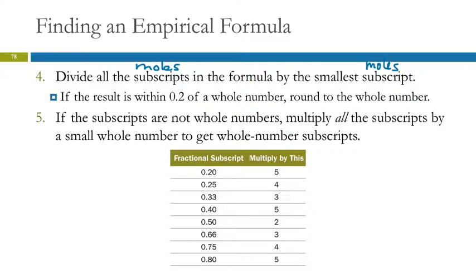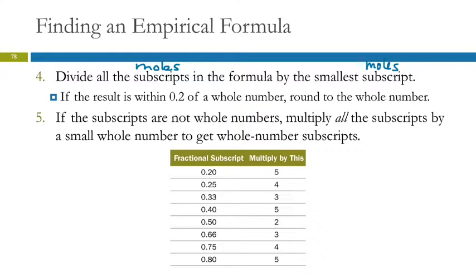My guideline is if your result is within 0.2 of a whole number, you can round. So if you divide the moles by the moles and you get 2.1, that's within 0.2 of the whole number 2. You can round it. If you get 2.23, that is not within 0.2 of a whole number, so you can't round it.